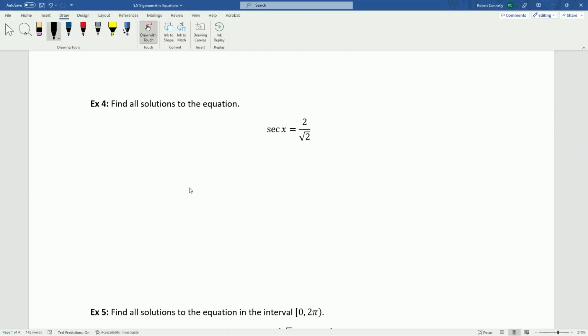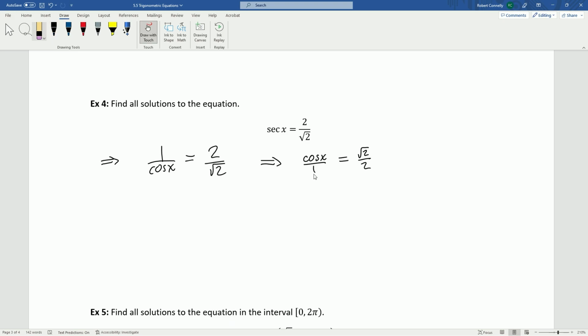So going back to this problem, we know that secant of x is 1 over cosine of x. That's the same exact thing as secant of x, so I just wrote that as 1 over cosine of x. And so now if I take the reciprocal of both sides of the equation, I get cosine of x over 1 equals the square root of 2 over 2.